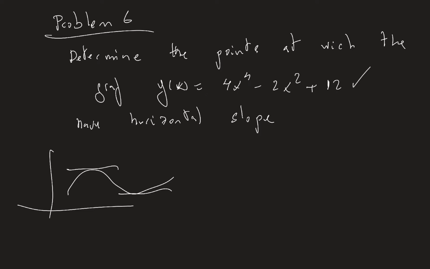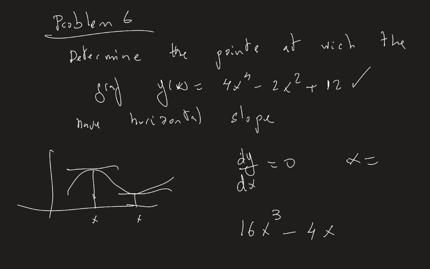So what you will do is find the derivative of y with respect to x, put it equal to 0, and find at which x the slope is 0. So what is the derivative of y with respect to x? It is 16x cubed minus 4x plus 0.